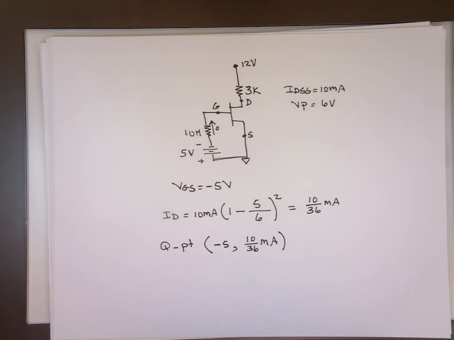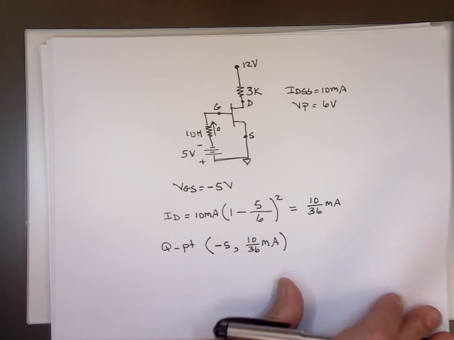Again, the mathematical approach for a fixed bias configuration is not really that difficult. But let me show you the graphical way of doing it. We can do the math here, it's not a big deal. But when we get to the next one, it's going to be a big deal.